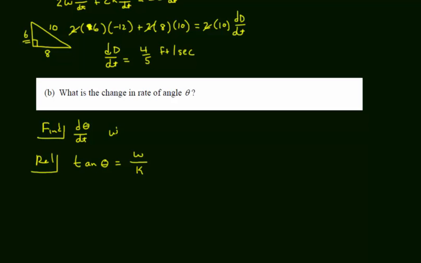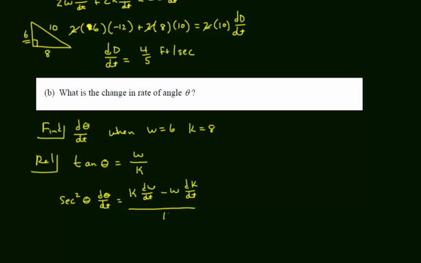This is again when Walter equals 6 and Kevin equals 8. So we're going to find the derivative now. So we have the secant squared of theta, d theta/dt. Ooh, this is cool. We have to use the quotient rule. So bottom times the derivative of the top minus top times the derivative of the bottom all over the bottom squared.